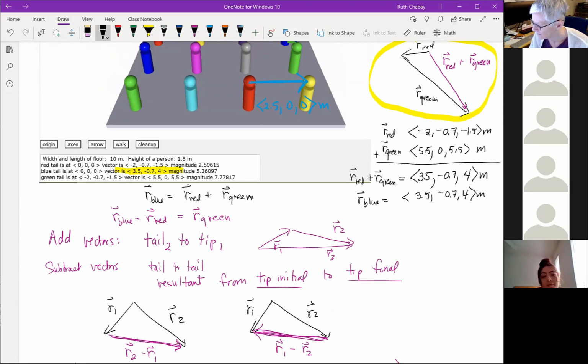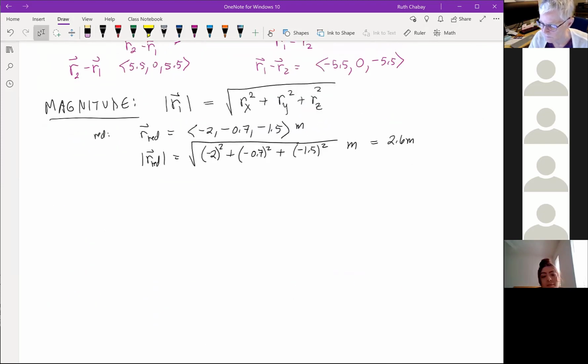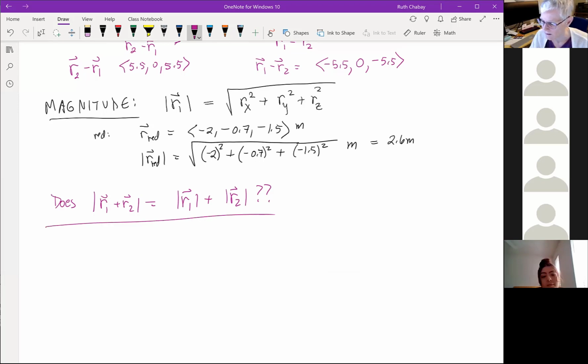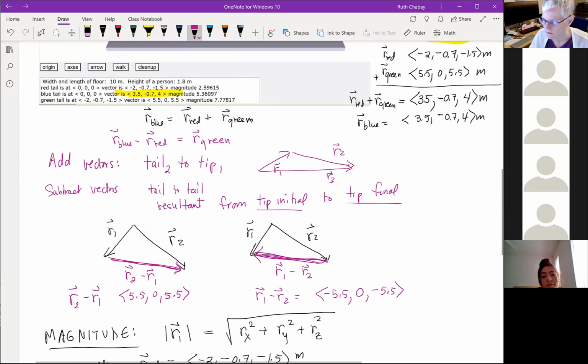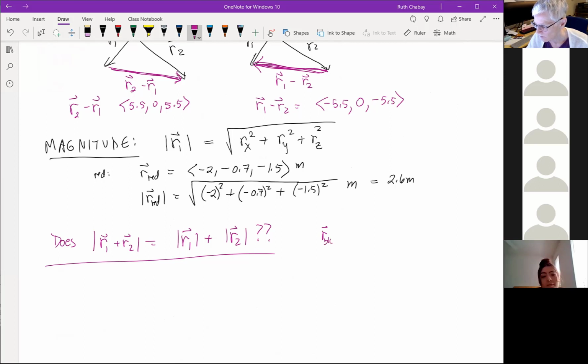So let's ask the question: does the magnitude of R1 plus R2 equal the magnitude of R1 plus the magnitude of R2? That's the question we're trying to figure out. So let's see how this worked up here. We had R blue was the sum of R red plus R green.